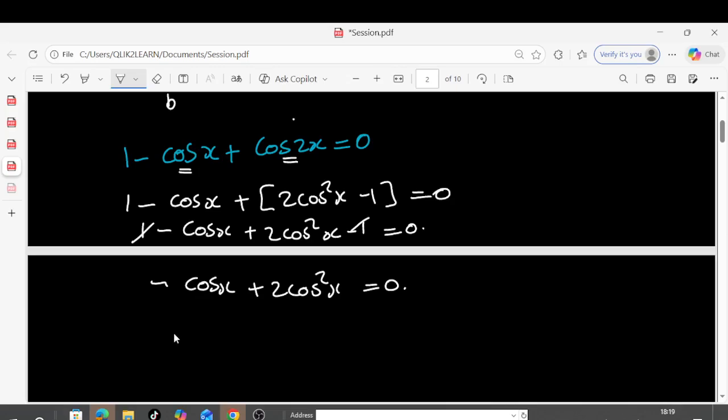Taking out negative the cos x as a common factor, I'll be left with 1 minus 2 the cos x, and this is equal to 0.